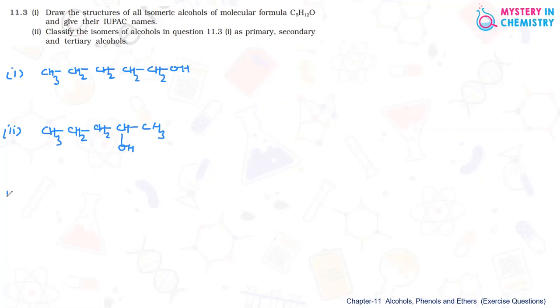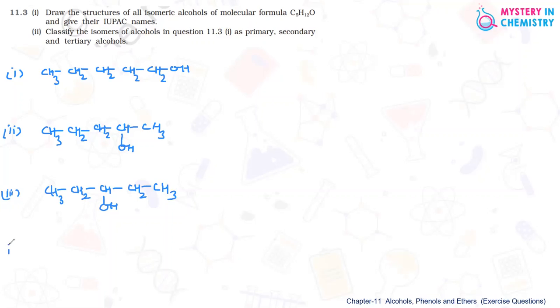Now in the third isomer, skeleton again will remain the same, all 5 carbon atoms in one line, and OH is coming at the third carbon atom and remaining hydrogen. So this should be CH, this is CH2, and this is CH3.